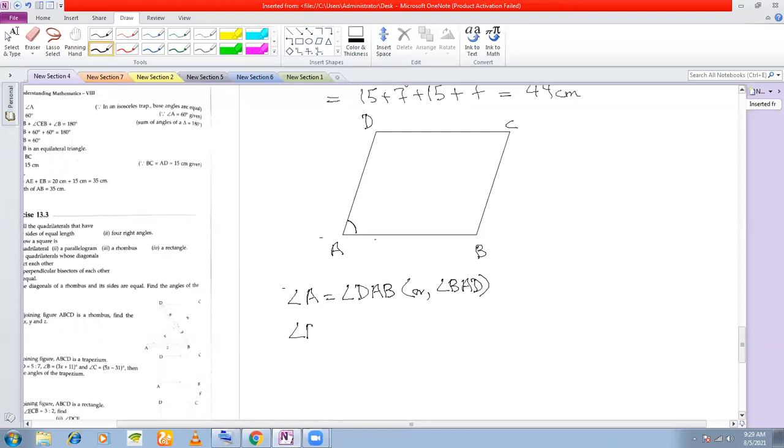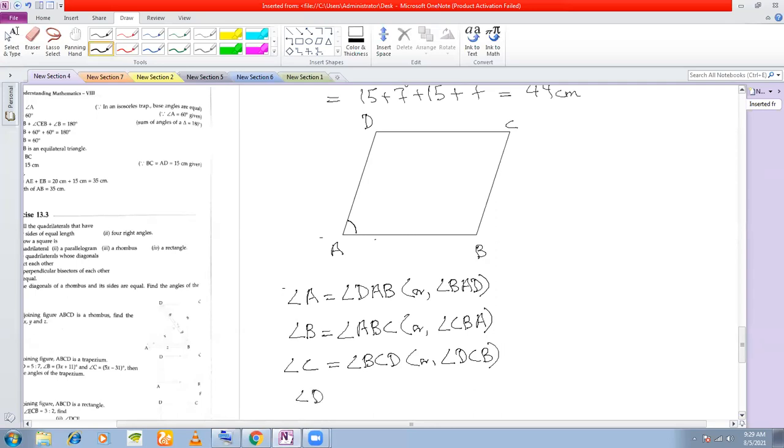Angle B, what do we call it? Angle ABC, or we can call it angle CBA. Angle C, how do we write? Either angle BCD, or angle DCB. See, I'm keeping C in the middle always.